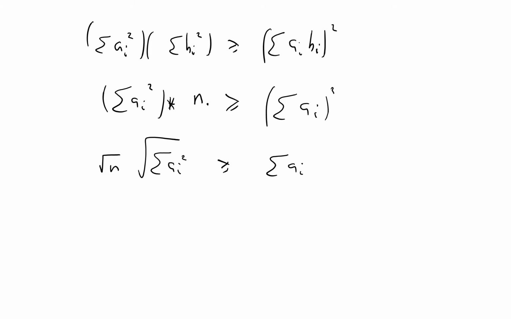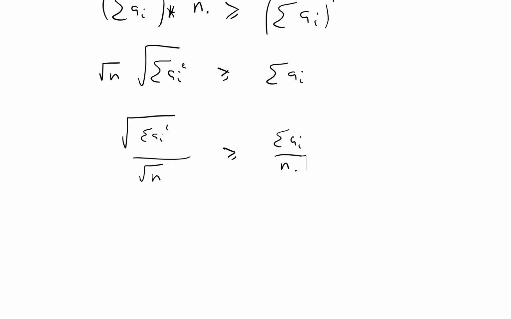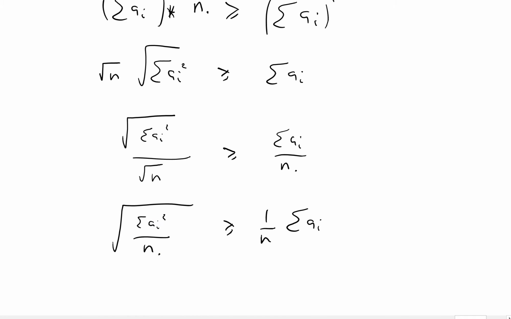And now I'm going to divide by n. So it's the square root of sigma ai squared over root n greater than or equal to sigma ai over n. Actually, I'm going to rewrite that again. It's 1 over n times sigma ai, and the square root of sigma ai squared over n.